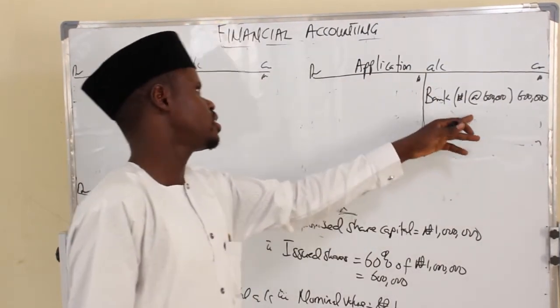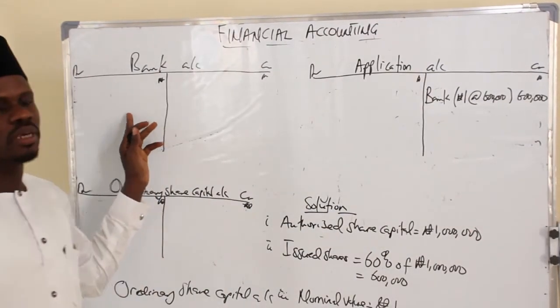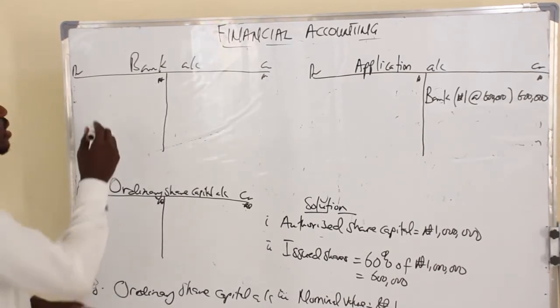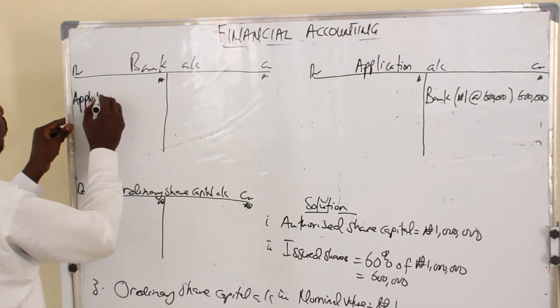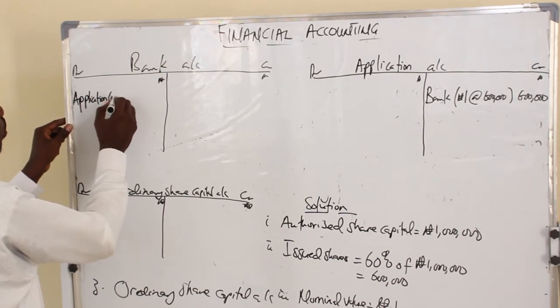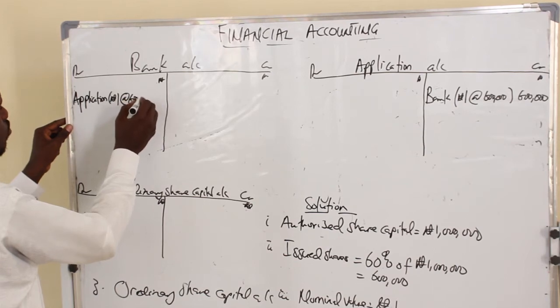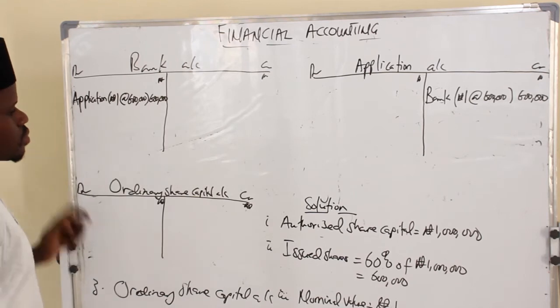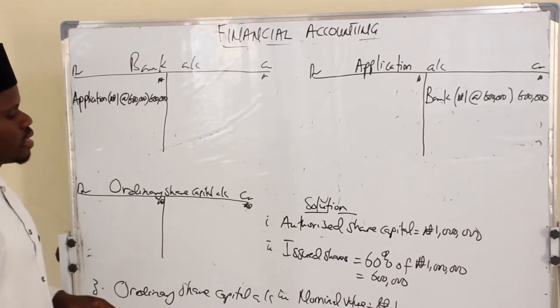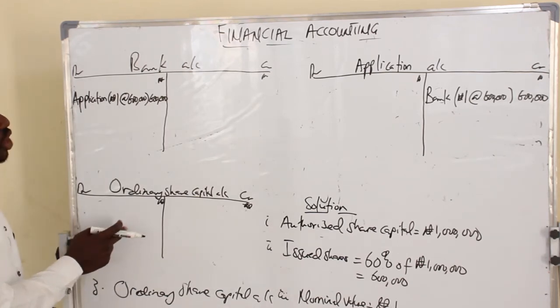For every credit entry, you go to the corresponding account and you debit it. Our bank account is receiving, so we'll write application, 1 Naira at 600,000 shares. This will give us 600,000 Naira. The next step is to come to our ordinary share capital account.